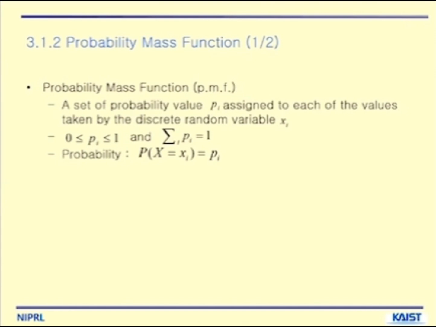Now, when I'm talking about a discrete random variable, the name of the probability distribution for a discrete random variable is what we call probability mass function. I'm going to say that again. The name of the probability distribution for a discrete random variable is called probability mass function.